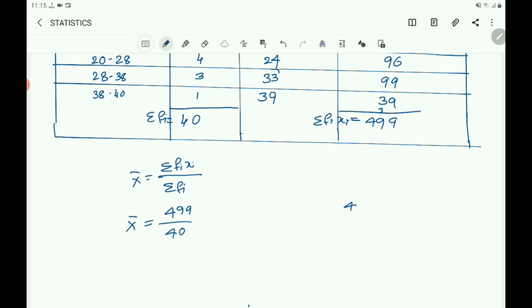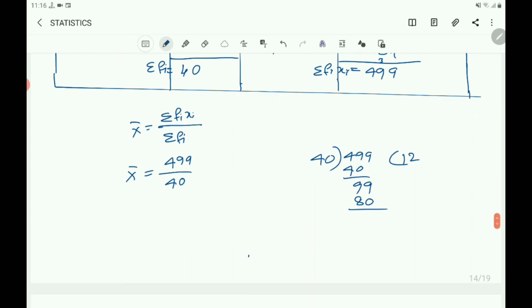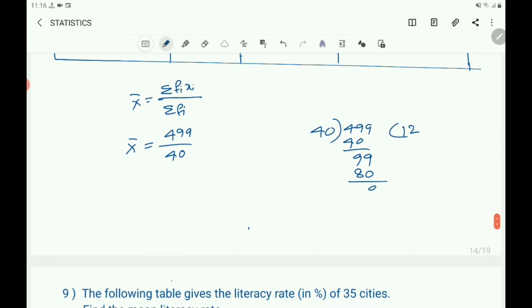Divide 499 by 40. 40 ones are 40. 9 is remaining. 99. 40 twos are 80. 19 is remaining. You know that 40 4s are 160. 9 minus 6 is 3. 30. 40 7s.